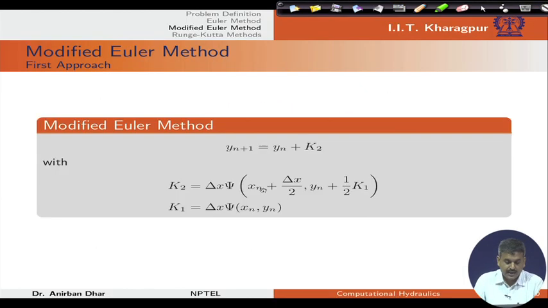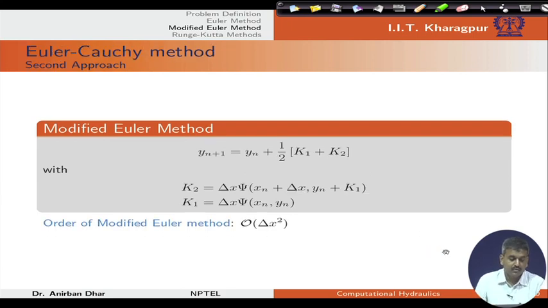Now, again if we apply this second approach, which is the Euler-Cauchy approach, a modified Euler two-step method, this is the average of K1 and K2.